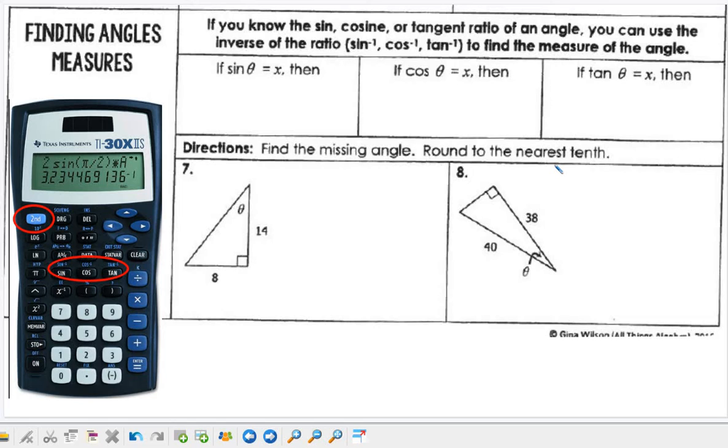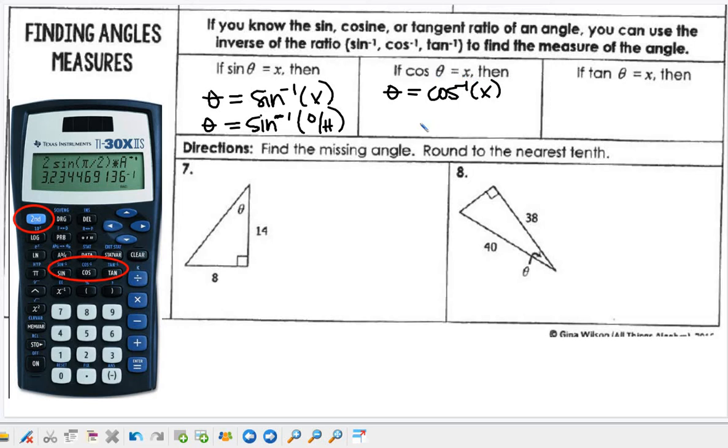So for sine, theta is equal to sine inverse of my ratio, which is opposite over hypotenuse. So theta is equal to cosine inverse of x, swapping the x and the theta. So then to get my angle measure, I would take cosine inverse of adjacent over hypotenuse.